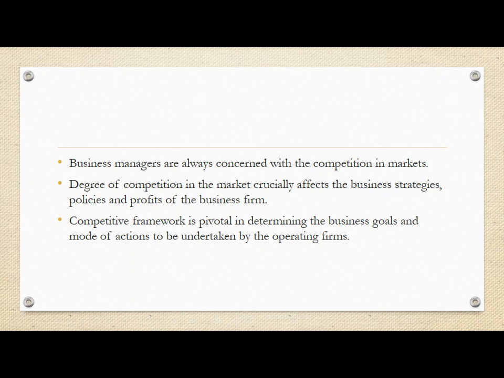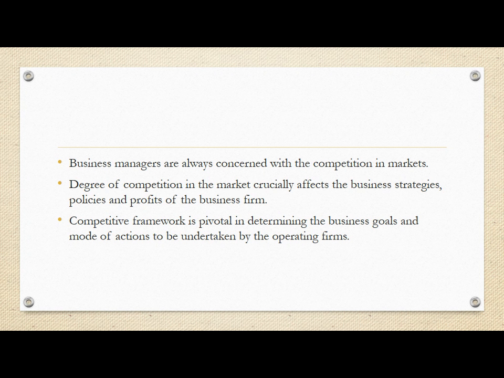Business managers are always concerned with competition in the market. The degree of competition in the market crucially affects the business strategies, policies, and profits of the business firm. The competitive framework is pivotal in determining the business goals and mode of action to be undertaken by the operating firms.